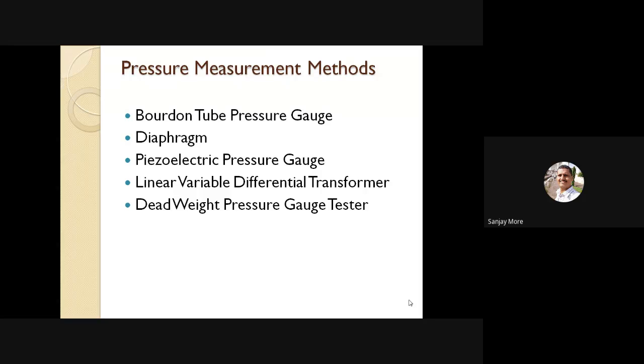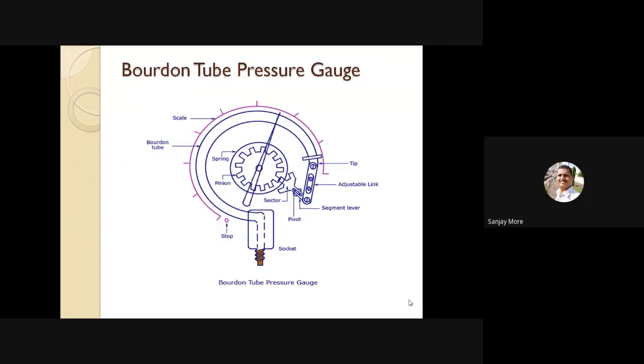First, I ask all of you to please confirm or draw and complete this Bourdon tube pressure gauge diagram. If someone is remaining, I give you 2 to 3 minutes to complete it. The first pressure measurement instrument is the Bourdon tube pressure gauge.